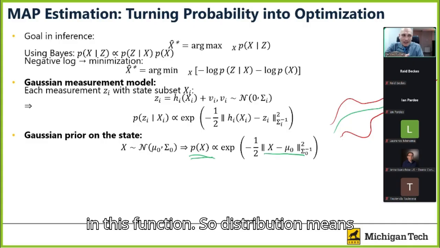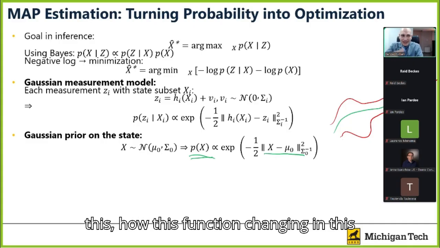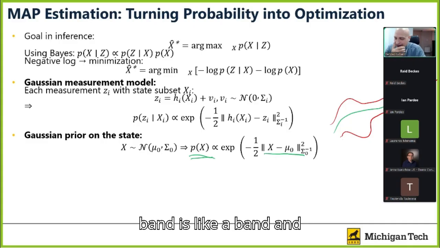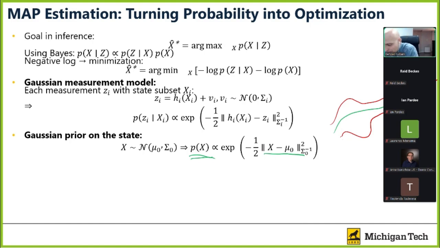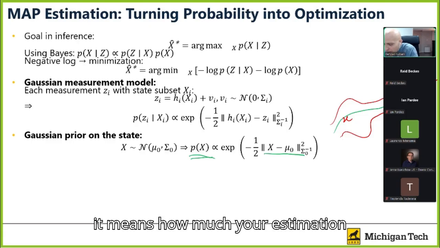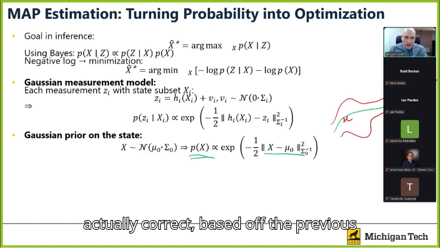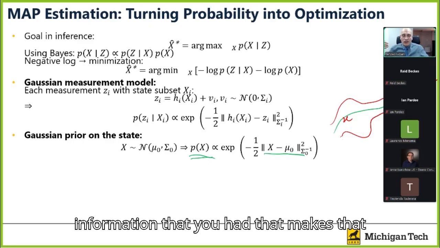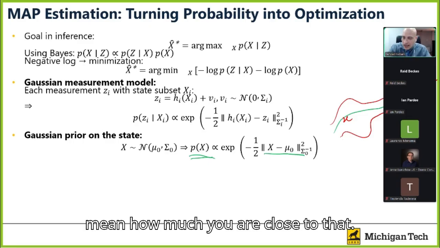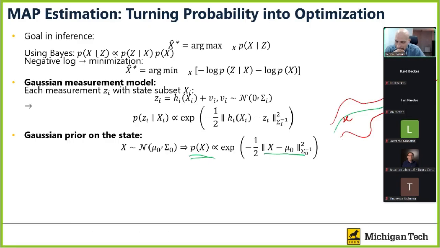So distribution means how this function is changing in this band, and how close this x is to the mean. It means how correct your estimation is, how correct your state actually is, based off the previous information that makes that mean, how close you are to that.